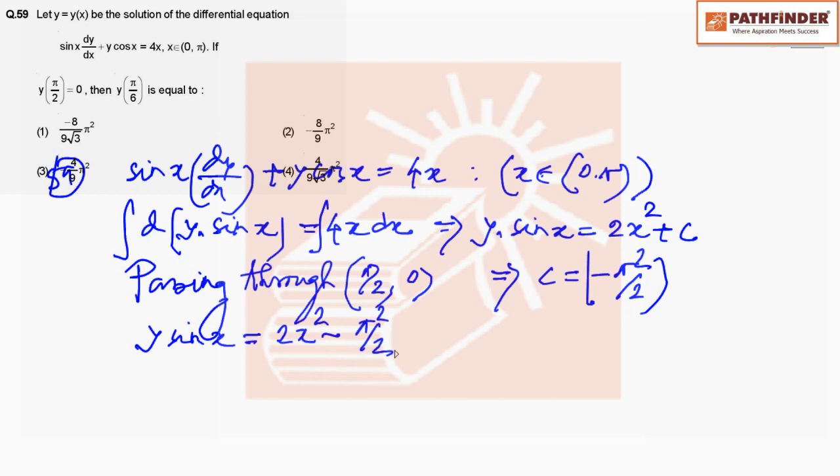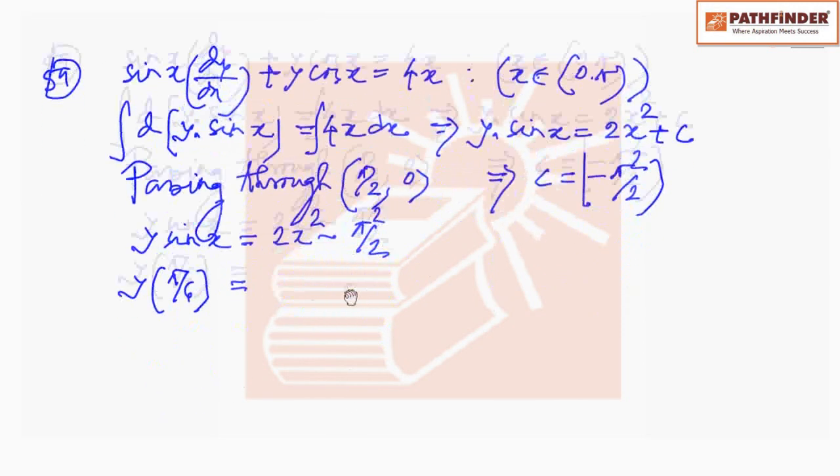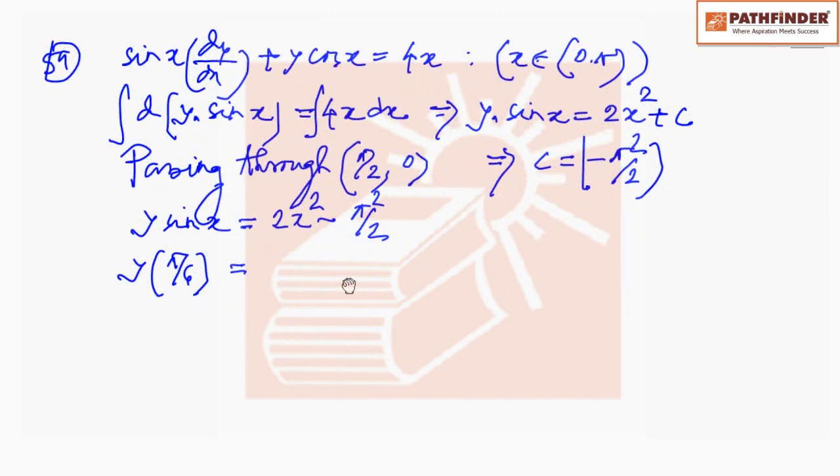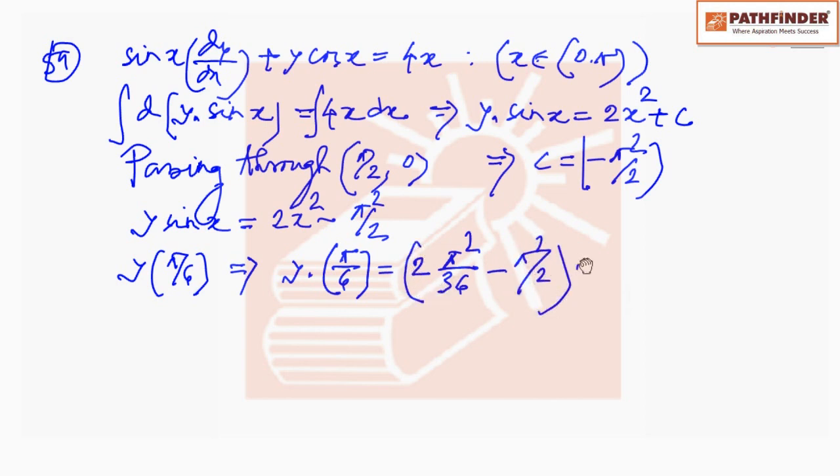Now they are asking to find out y of pi by 6. Y of pi by 6 is, just put pi by 6 in this equation. So y of pi by 6 is 2 into pi square by 36 minus pi square by 2, into 2, because sin x is half, so if it goes to the right hand side, that will be into 2.